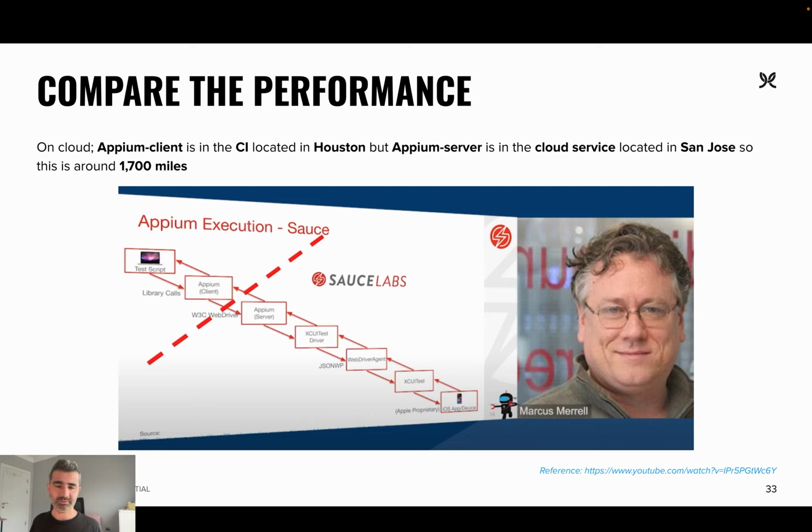In my personal experience, for 100 test cases, the native solution took 10 minutes, but it took around 100 minutes for the Appium one. So you can see the difference. It is 10 times more.